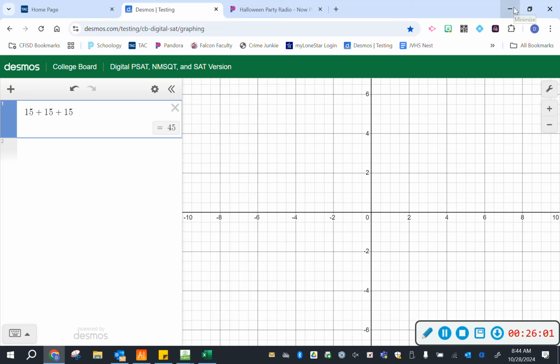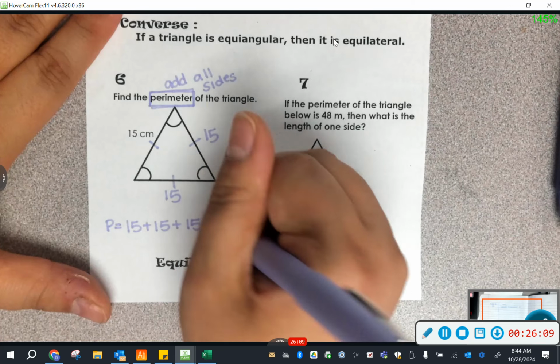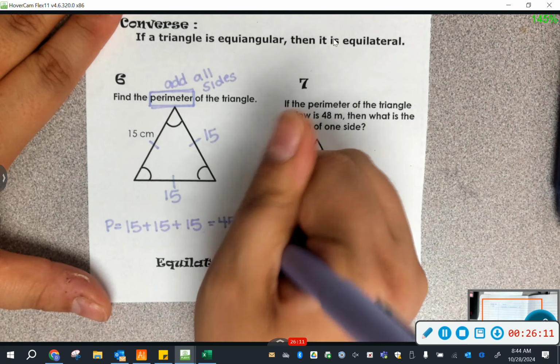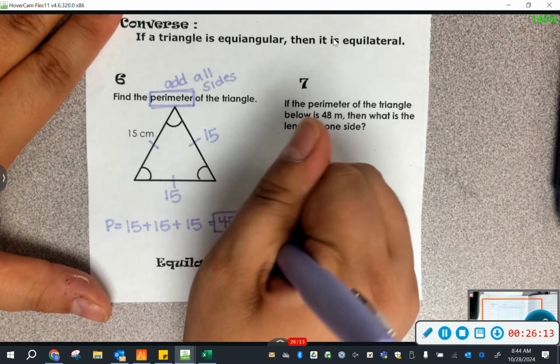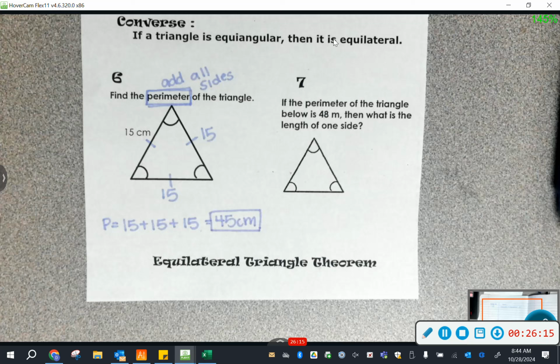You could also do 15 times 3. You can only do that with an equilateral, though, not with one that's not equilateral. And I get 45 centimeters. Please write this down with me. Everything I have written down, I want you to write down.